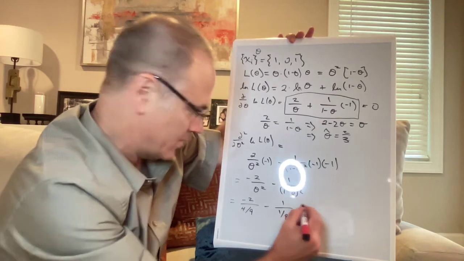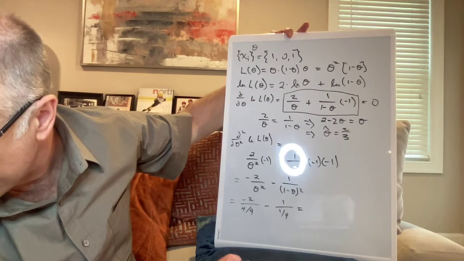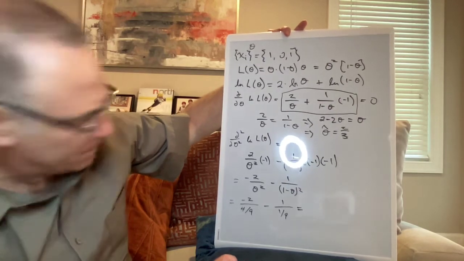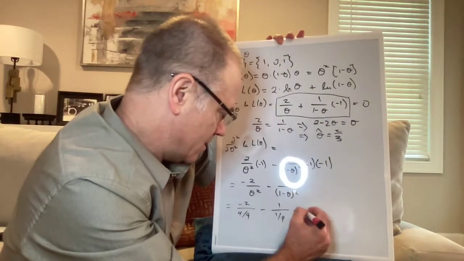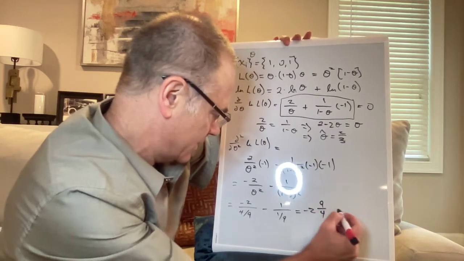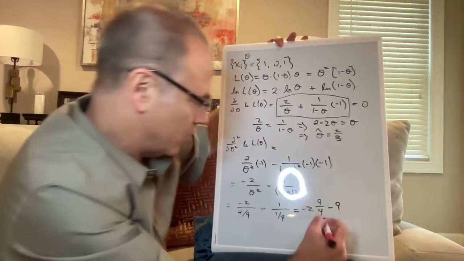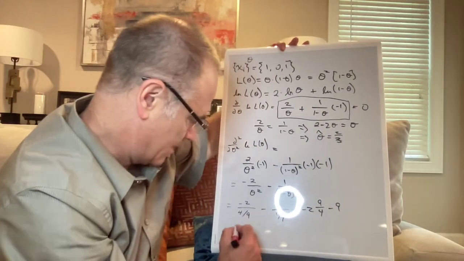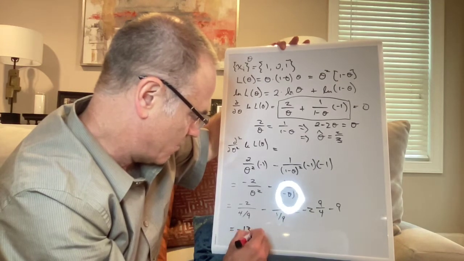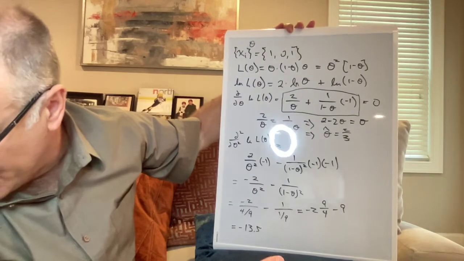And so that is going to equal -2 over 4/9 minus 9, which equals -13.5.